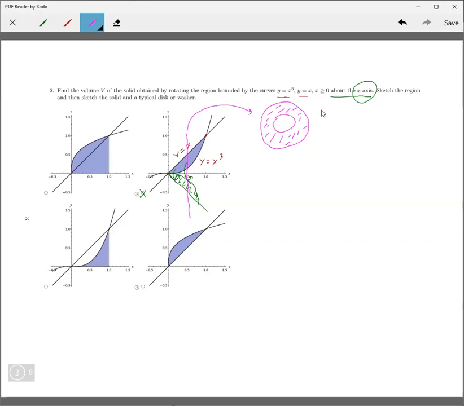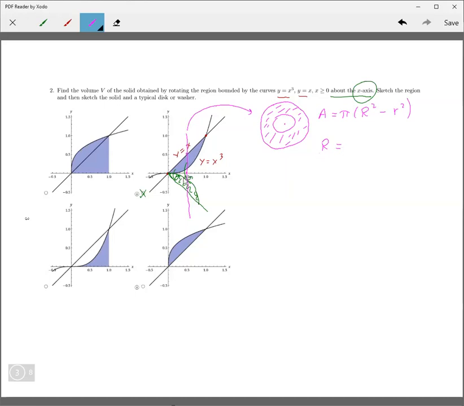Now the area is going to be pi times the outer radius squared minus the inner radius squared. The outer radius goes from here to there, just from the middle to the top.